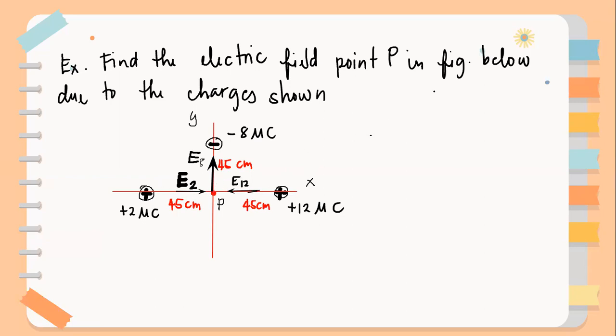Okay, first, the formula: E is equal to KQ over R squared. That is the formula for the electric field.